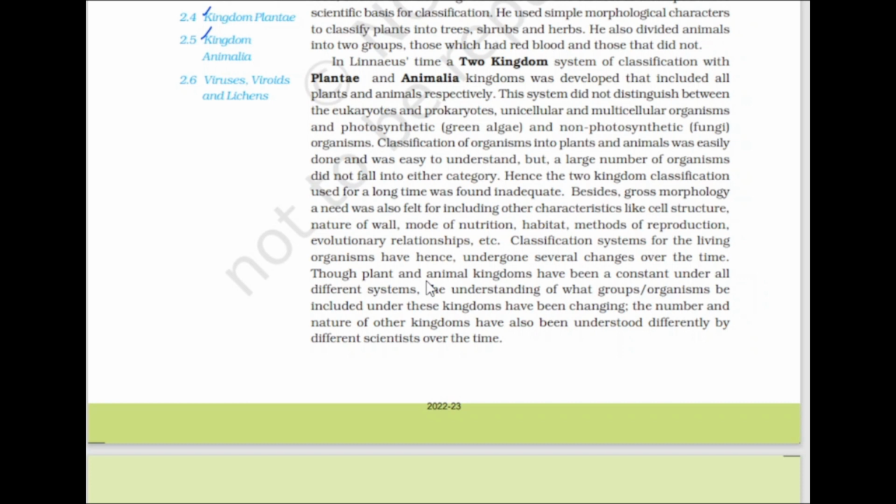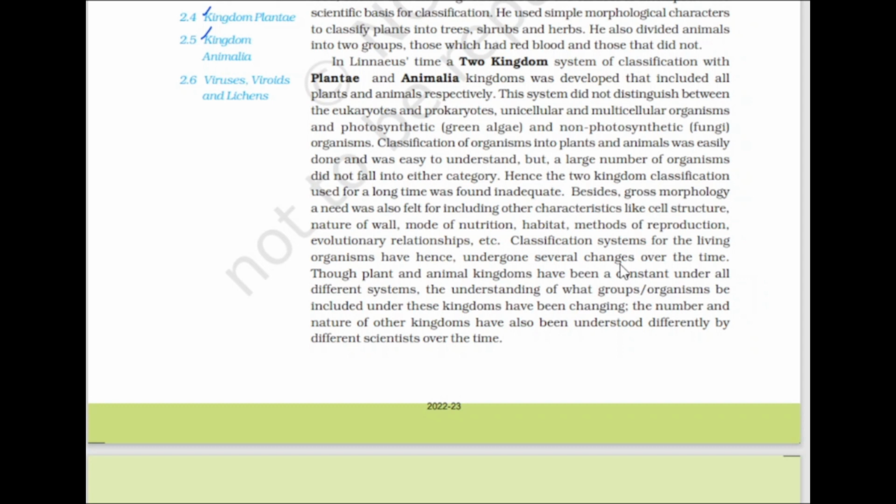Then came Linnaeus' time. Then again we needed to evolve, because certain organisms did not come into the kingdoms proposed by Linnaeus. So the classification system has changed over time.